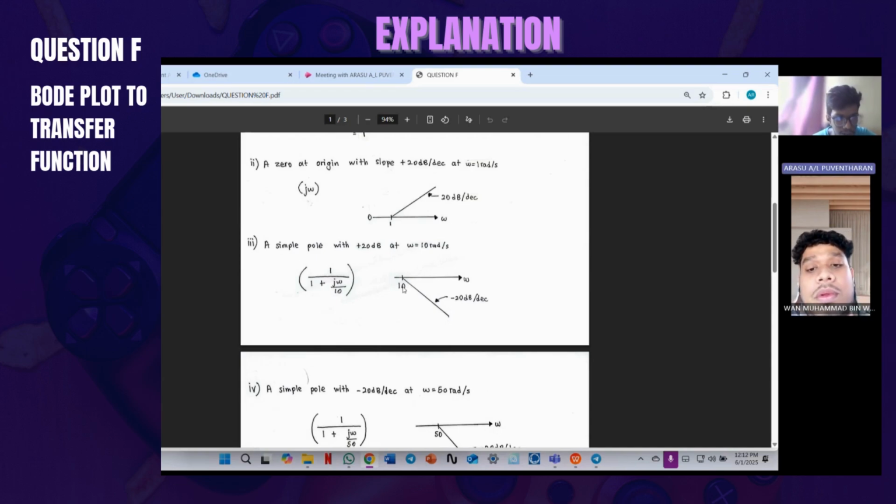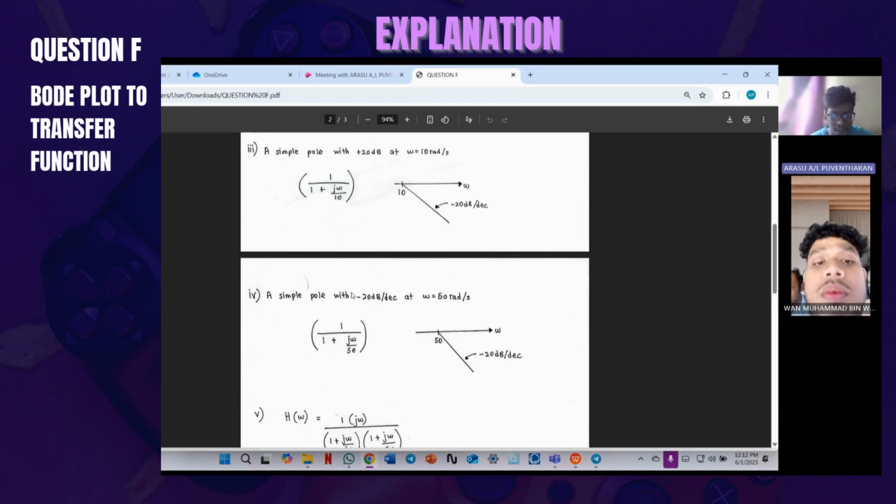This is caused by a simple pole contributing the term 1 divided by 1 plus j omega over 10, which is the equation for this simple pole.